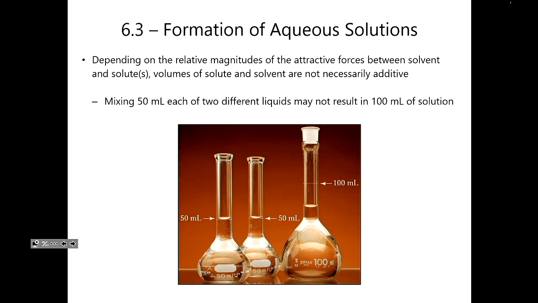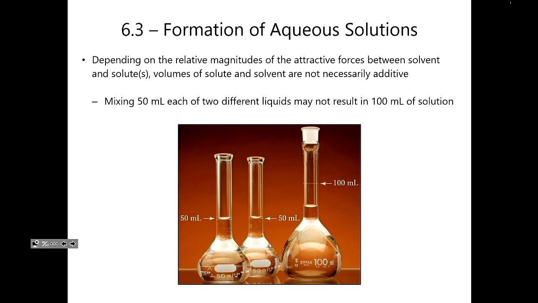You can mix very precisely measured identical volumes of two liquids. I think this was ethanol and water or whatever it was. But notice, perfectly 50.00, I think this is to the second decimal place, these volumetrics. Perfectly measured as precisely as you possibly can, 50 ml. Mixing them together, it does not add up to 100 ml. So this is why we keep saying you cannot assume that volumes are additive.